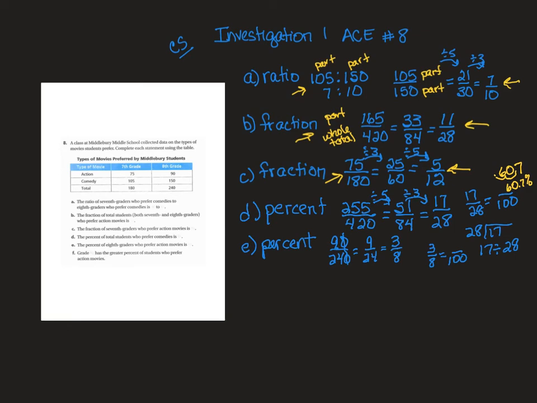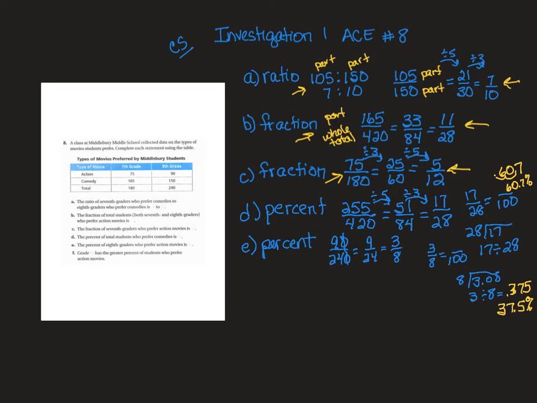Or I can take 3 and divide it by 8, which in my calculator, I would put 3 divided by 8, and that's going to give me 0.375, which as a percent would be 37.5%. There we go. Okay, so that is 8th grade.